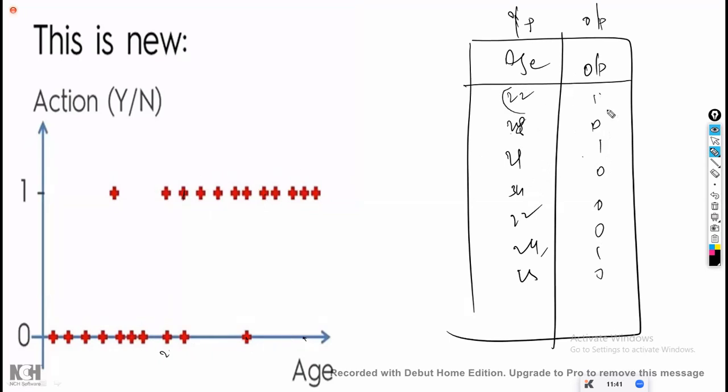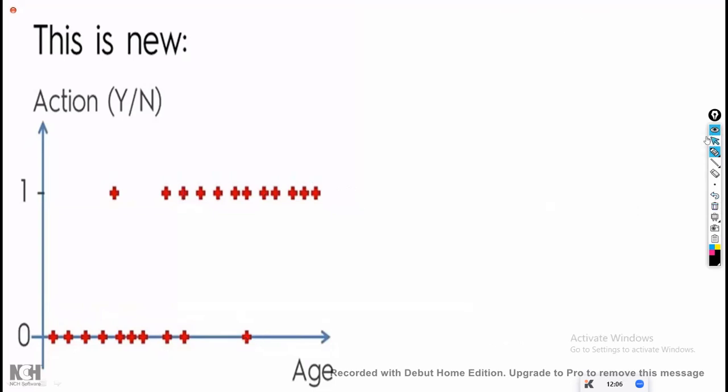Because if you take the first data point, 22 comma 1 is the first data point, 28 comma 0 is the second, 29 comma 1 is the third one. So like this, you are having in the y variable either 1 or 0 only. So either your scatter points will be on the 1 or on the 0. Every time your scatter plot will look like this for all the classification problems.